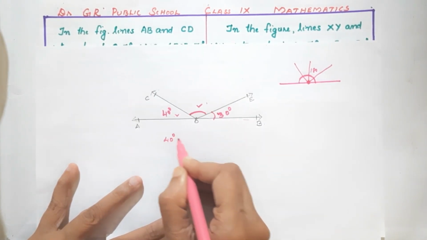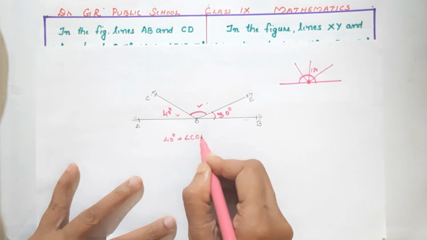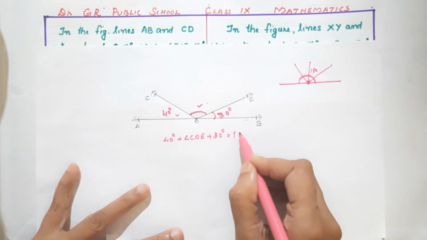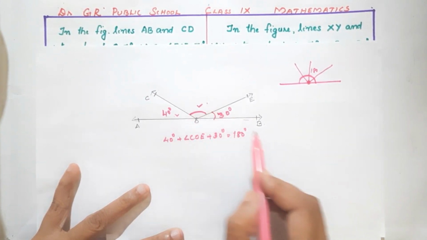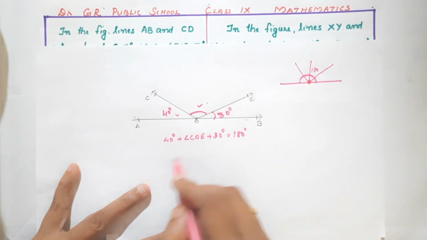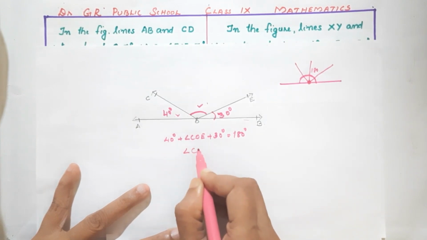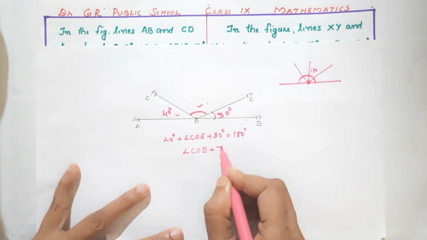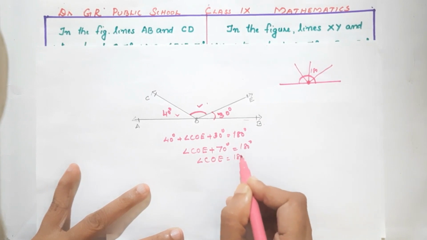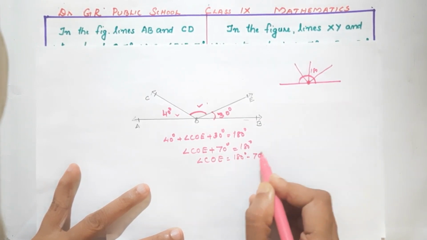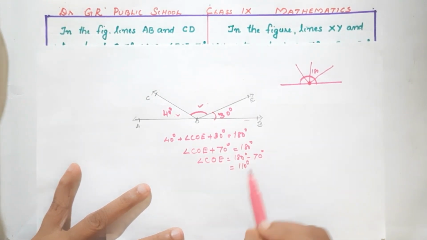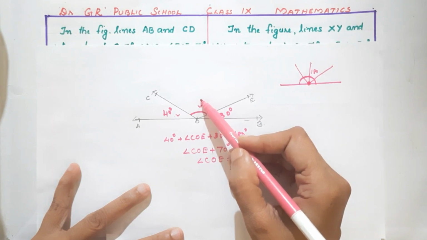So, 40 degrees plus angle COE plus this 30 degrees together make 180 degrees, angles on a straight line. Now, from this we can find angle COE. So, angle COE plus 70 degrees equal to 180 degrees. So, angle COE equal to 180 minus 70. It is 110 degrees.